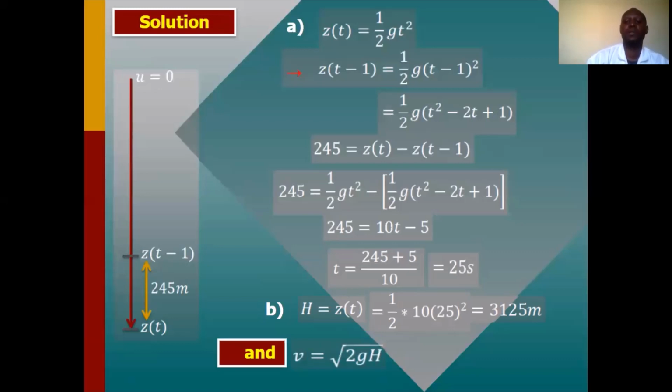So the speed of the projectile when it reaches the ground will be the square root of 2gh. It depends on the height moved by the projectile. As the height is 3,125, we have a speed of 250 meters per second.